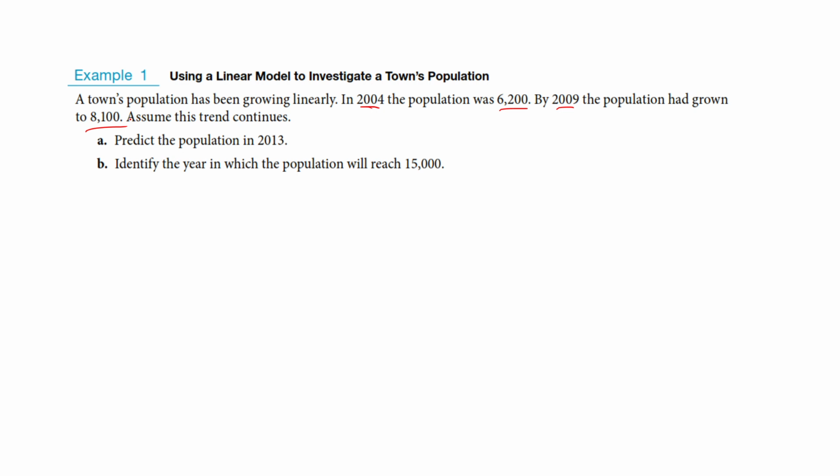So we need a function, and this function is linear, it's growing linearly. So we know this. If this is the initial population, this is B. B is 6,200. And now we know that it's grown to 8,100. Well, what could we do? We can find the slope. So this is 0. 6,200 is 1 point.